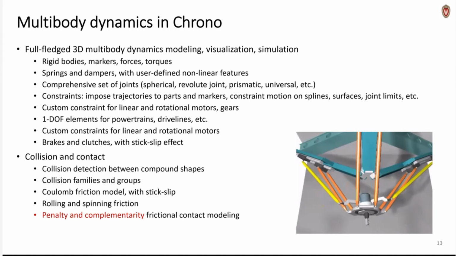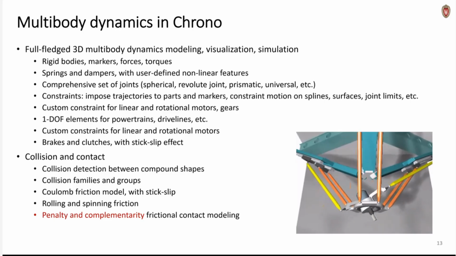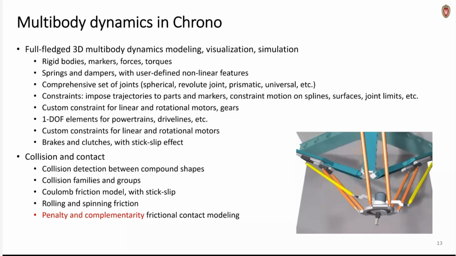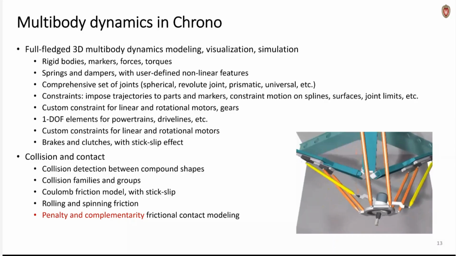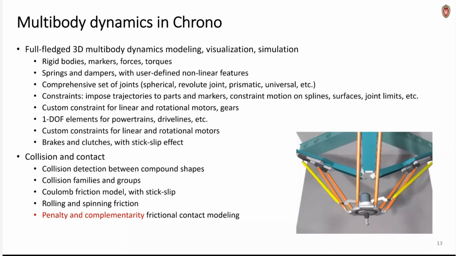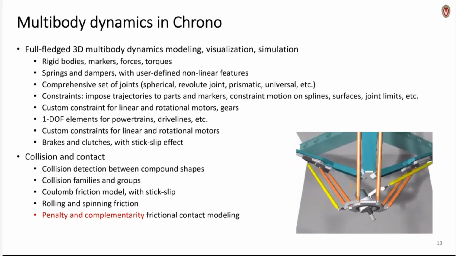Okay, so in terms of rigid and flexible multi-body dynamics, rigid multi-body dynamics is by far the oldest part in Chrono. It's fully mature, and you'll find in Chrono all the capabilities that you can find in commercial software in terms of bodies and joints and force elements and markers, all sorts of constraints, and actually a little bit beyond what some commercial tools give you.